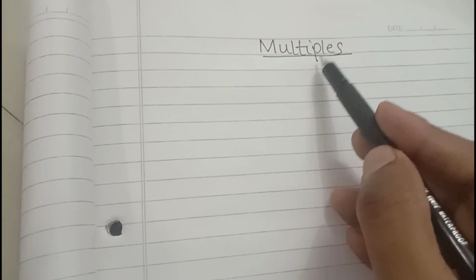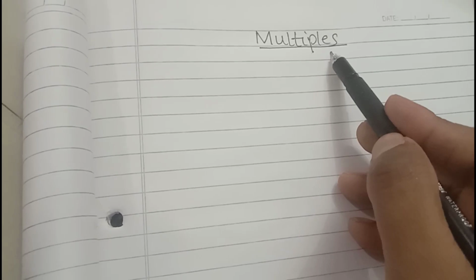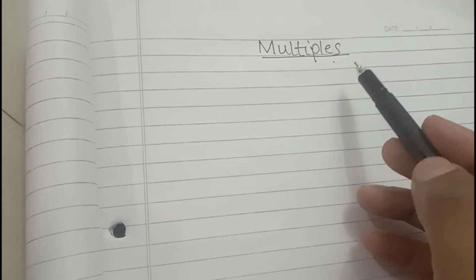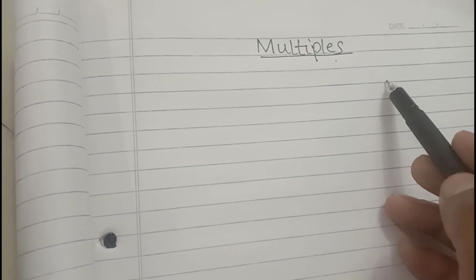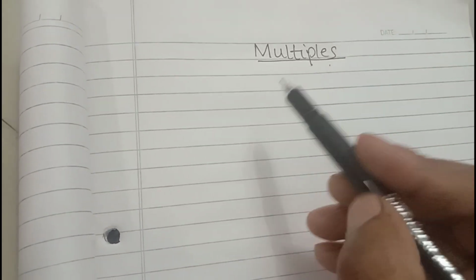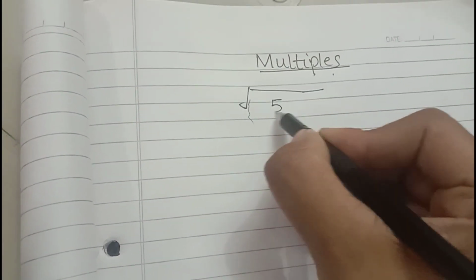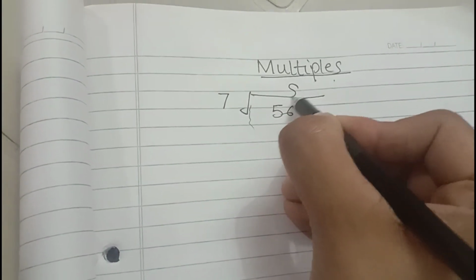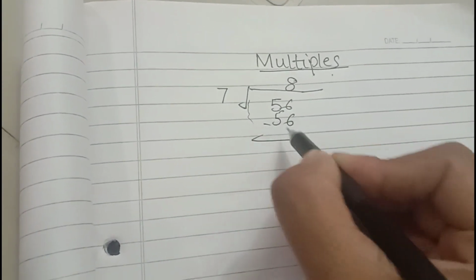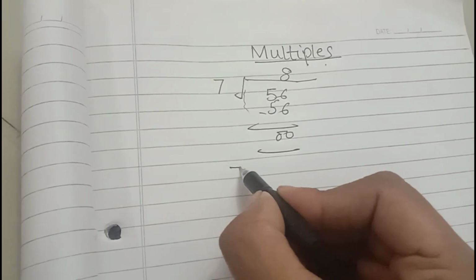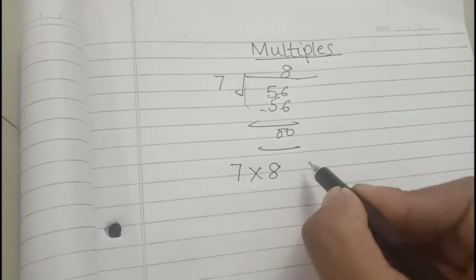Now multiples. What are multiples? If you multiply any number, the product becomes the multiple. The number which is always divided by. If you remember in factors, I told you 7 8s are 56. So, I told you 7 and 8 are the factors.